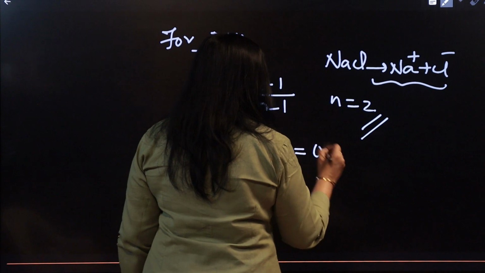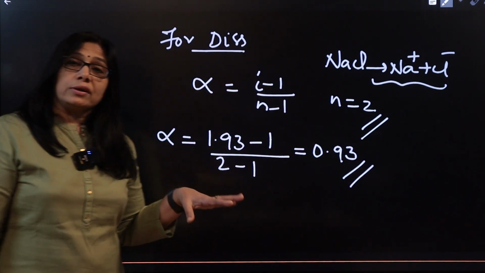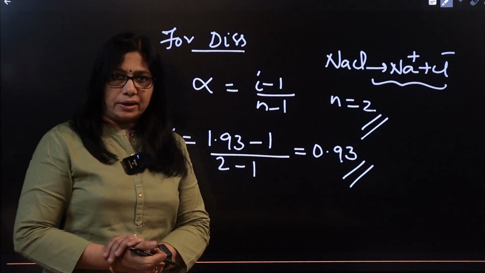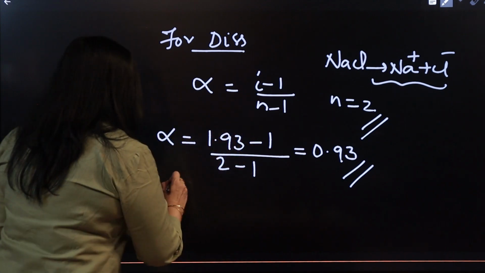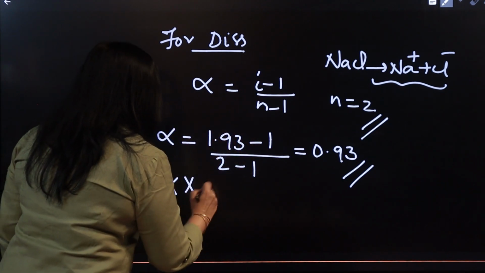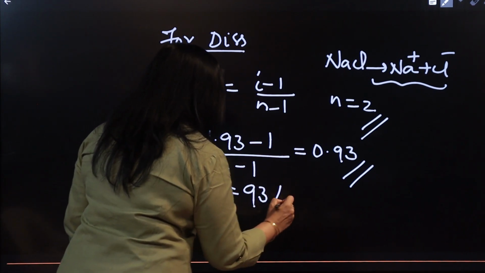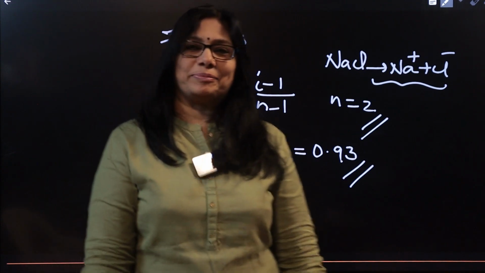So you are getting 0.93. Therefore, the degree of dissociation, that is alpha, is 0.93. If you are asked to calculate the percentage dissociation, you can write alpha into 100. That is the percentage dissociation, which will be 93%. Hope this is also clear.